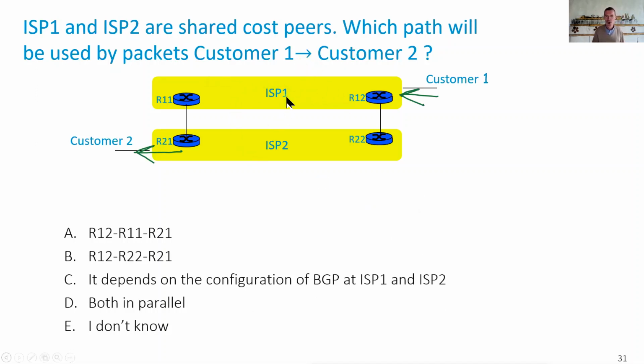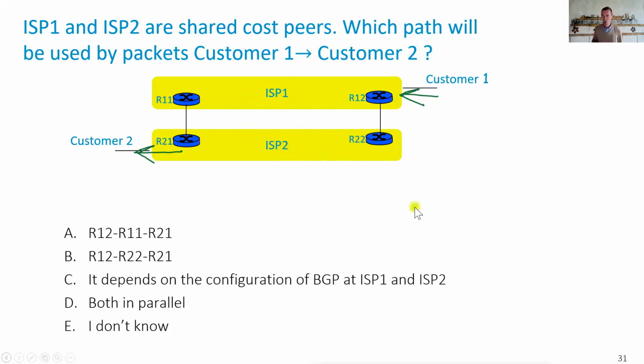We had two domains, two autonomous systems. And in the first example, we had some rules by which routers like R21 and R22 would advertise their routes to ISP1. And in the second example, the rules were a bit different. As a result, we saw that the best routes chosen by R11, for example, and R12 were different.